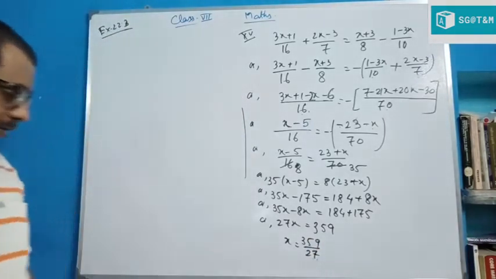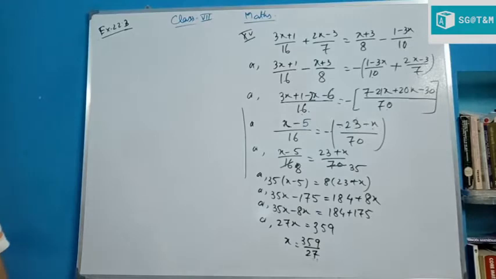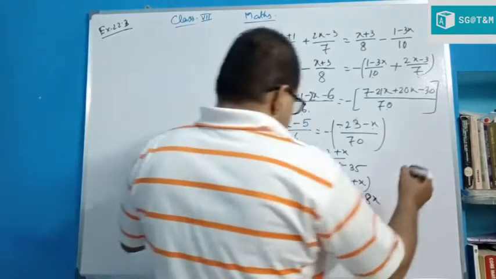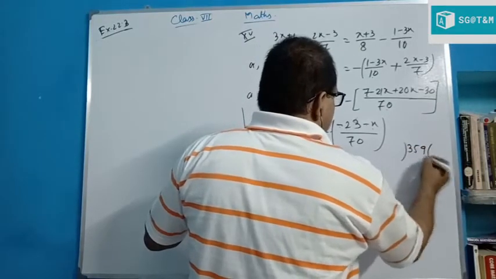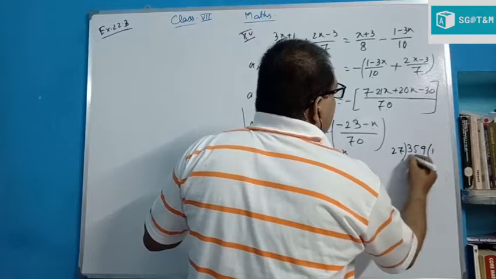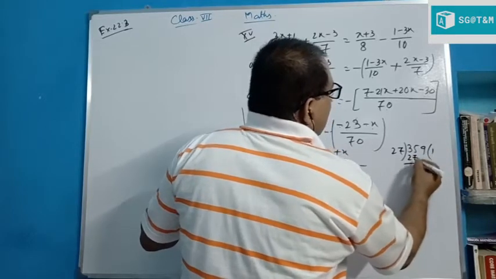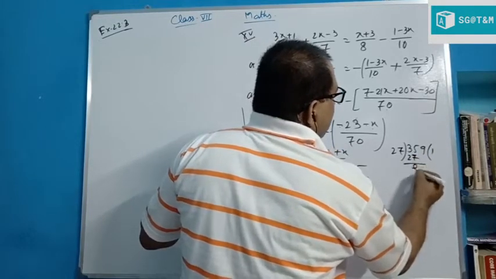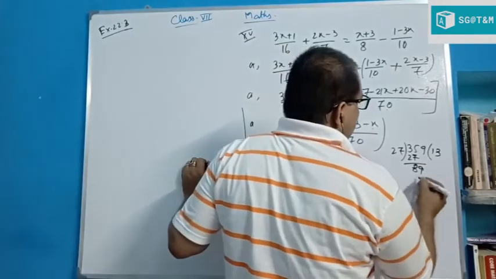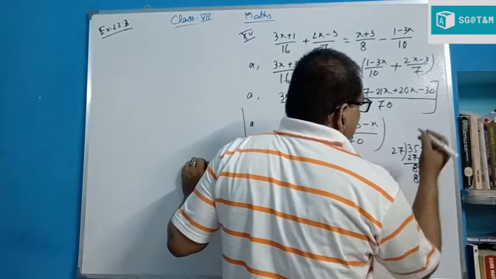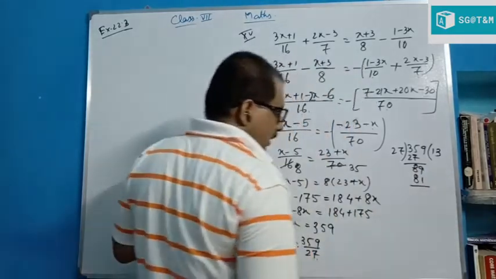Now, 359 by 27 is equal to how much? Dividing this, 359 divided by 27. 1, 27. 7, 8, 89, 3 is 81. 3 into 27, 81.